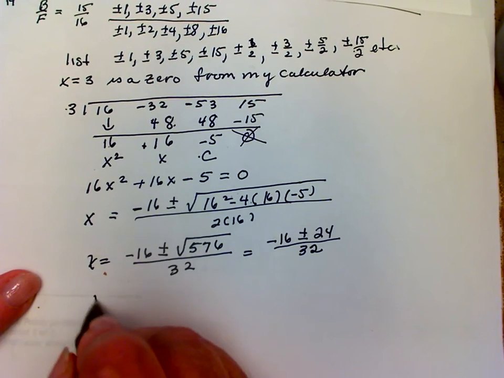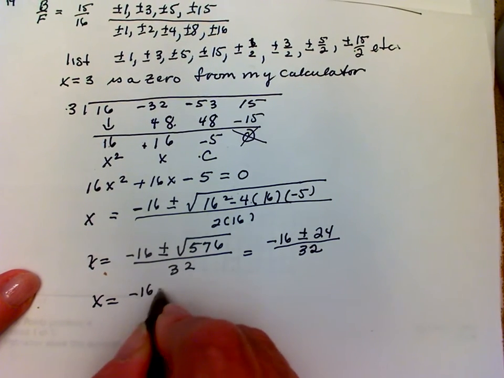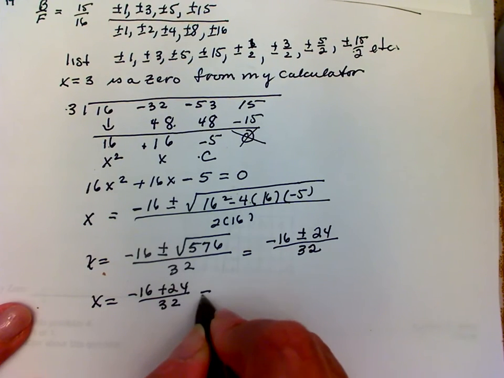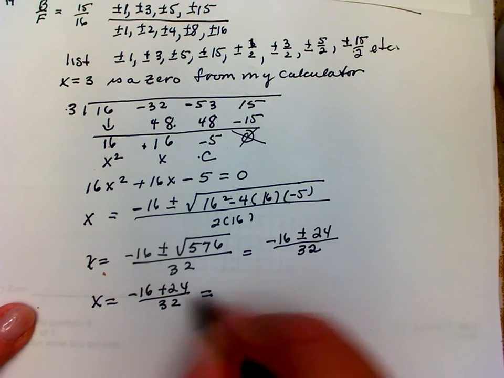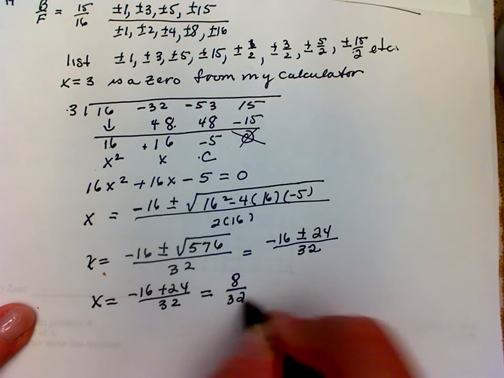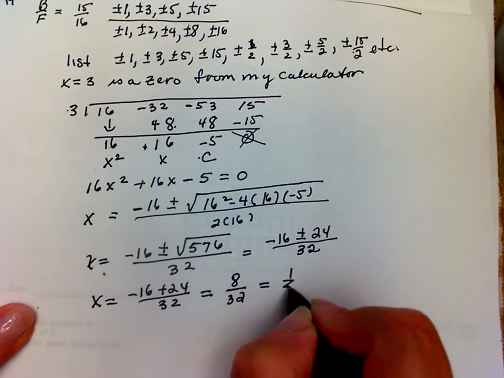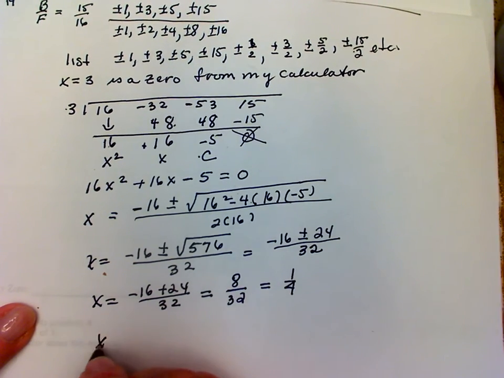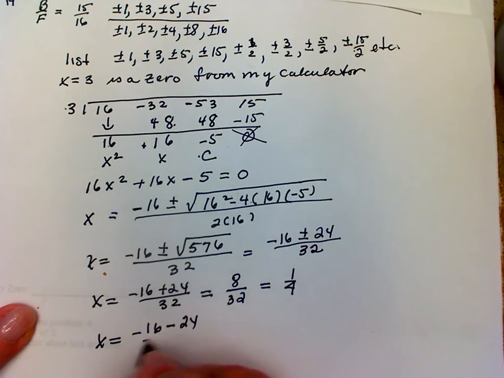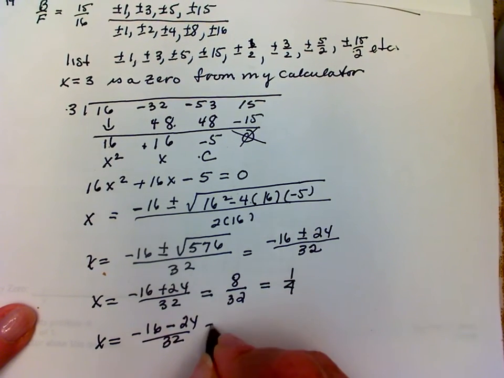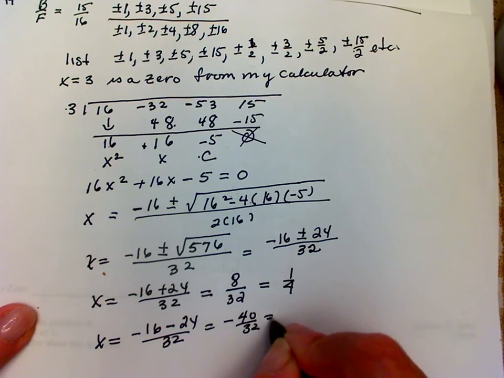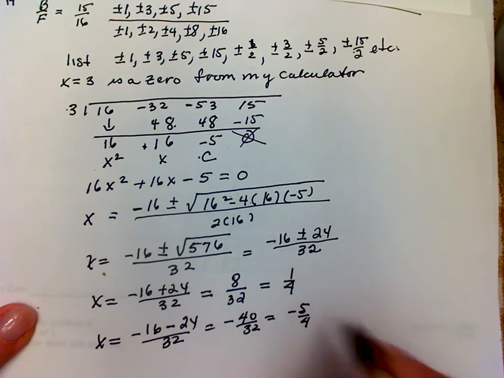So that means that x is minus 16 plus 24 over 32, which is 8 over 32, or 1 over 4, and x is negative 16 minus 24 over 32, which is negative 40 over 32, or negative 5 over 4.